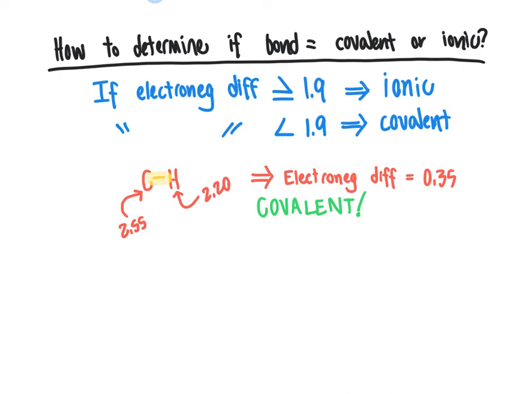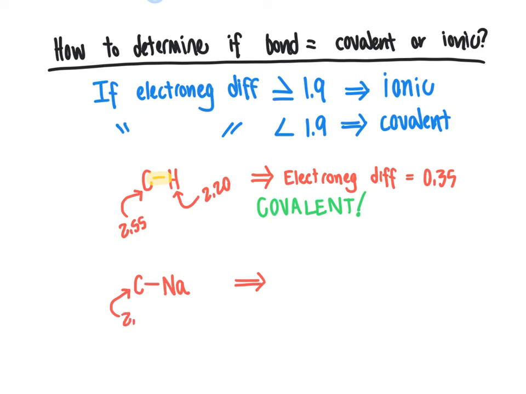So let's do another example of looking at whether a bond is an ionic bond or a covalent bond. Let's take a look at the example of, we'll say, carbon with sodium. So carbon-sodium bond. We'll take a look at the electronegativity difference between those two atoms to assess whether that bond we expect to be a covalent bond or an ionic bond.